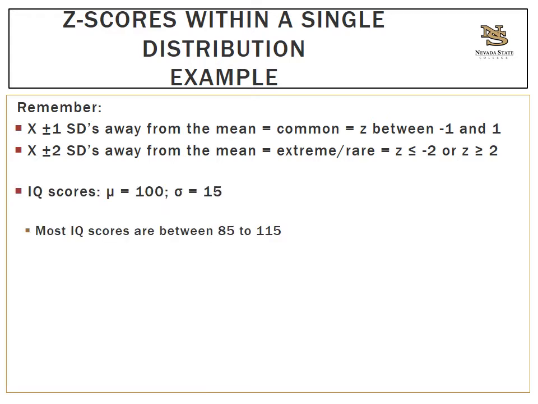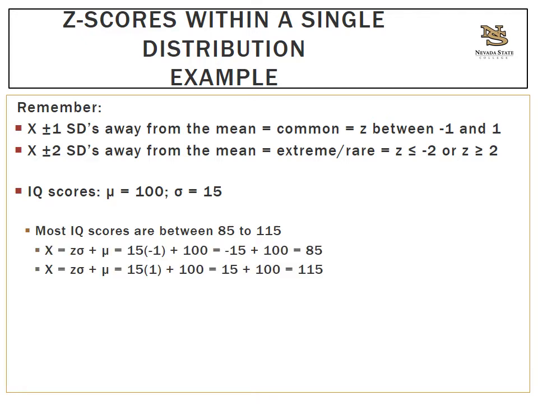So here's another example. IQ scores do have an average or a mean of 100 with a standard deviation of 15. So based on that, you know that most scores are from an 85 to a 115. And if that doesn't intuitively make sense, you can use the formulas to figure that out, right? So you see here's this X formula that I showed you at the end of that, 2 slides ago.